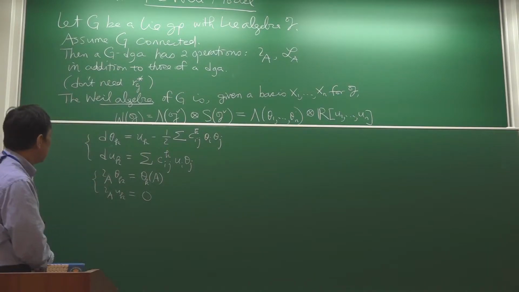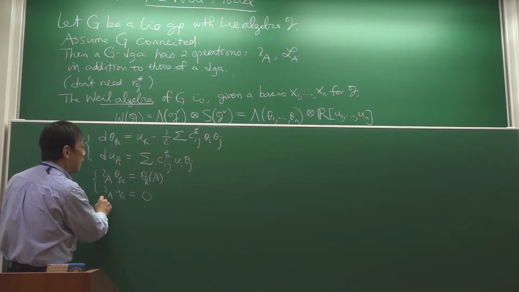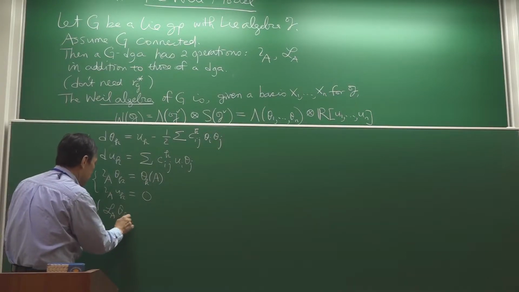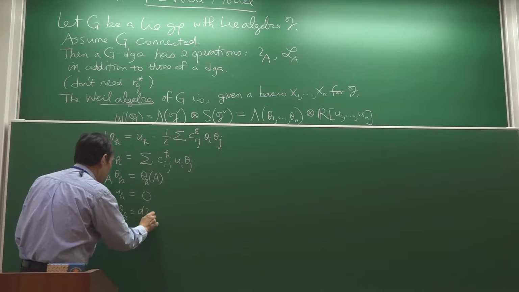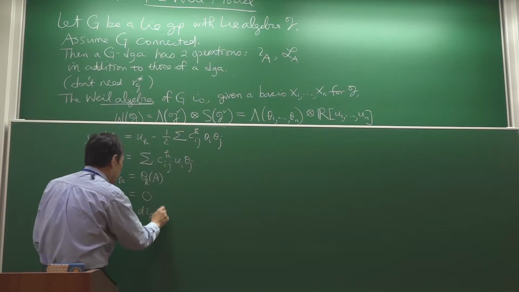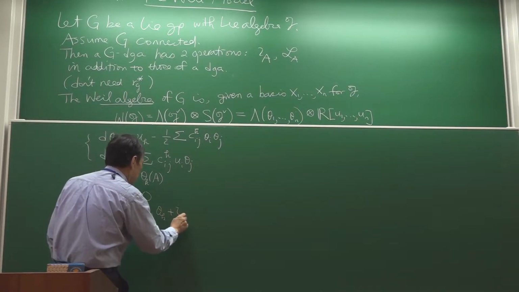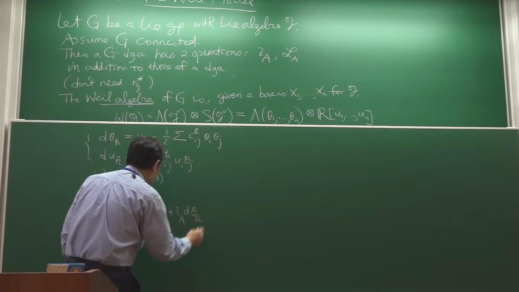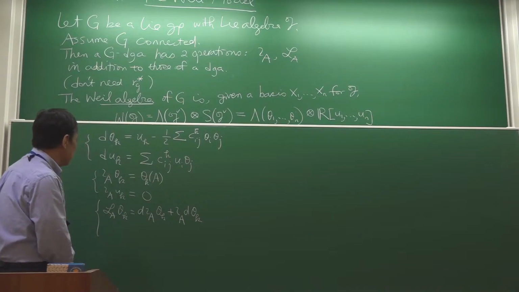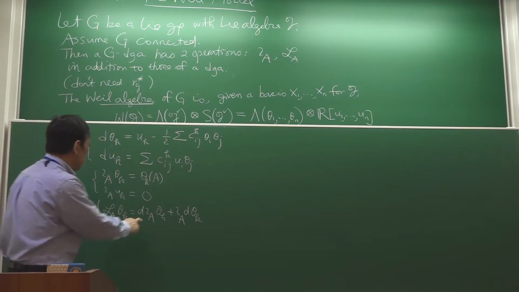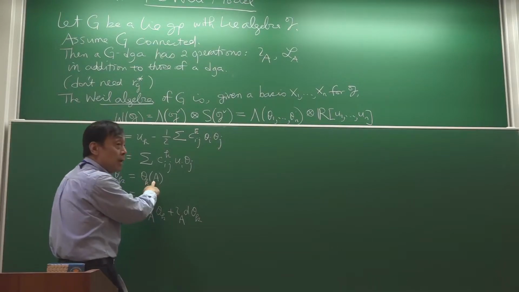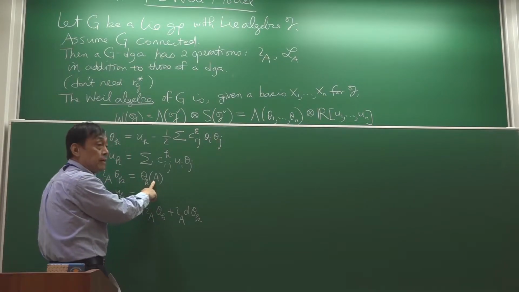Okay? And then L_A of theta_k is d i_A theta_k plus i_A d theta_k. Okay? And so i_A theta_k is this. Now that's a constant.